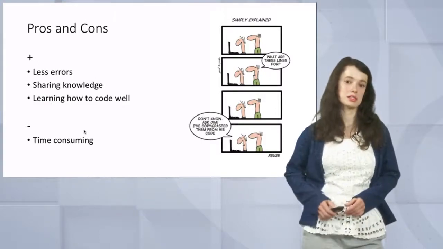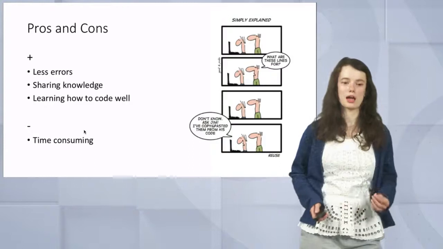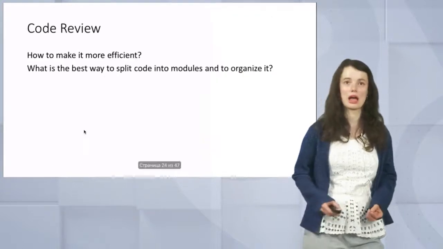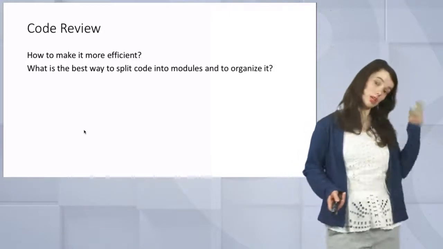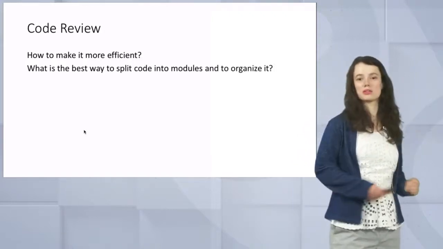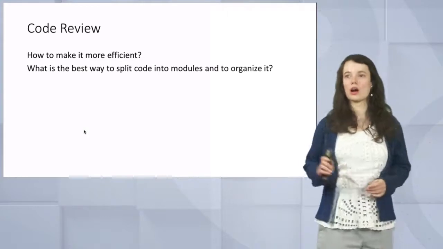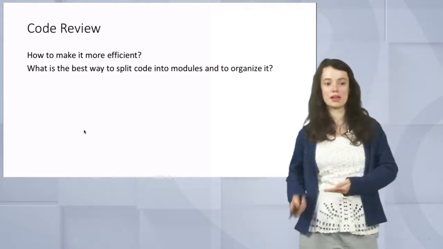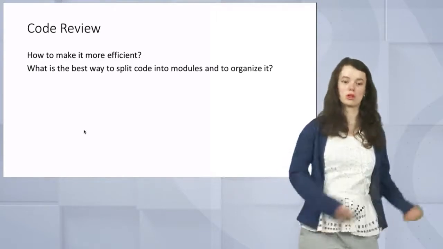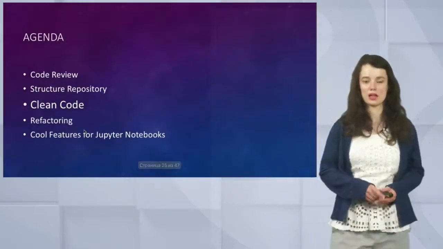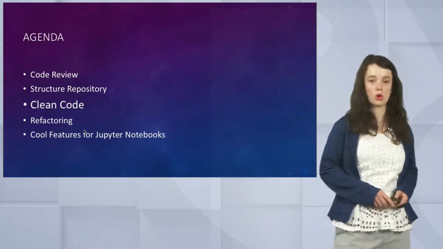But the minus is that it is so time consuming and you don't want to waste a lot of your time. So, how to make it more efficient? Or what is the best way to organize your code into modules? These are new questions. And the answer is clean code.